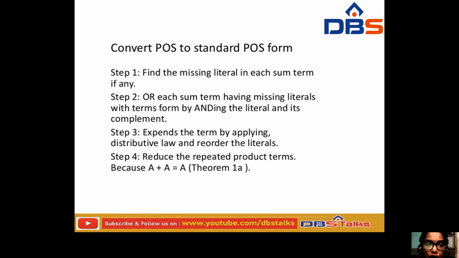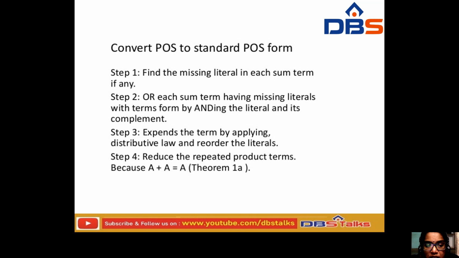See, these are the steps that we are going to follow. First step is we have to find the missing literal in each term, if any. Next, each sum term having the missing literals is combined with the term formed by the AND of the literal and its complement.